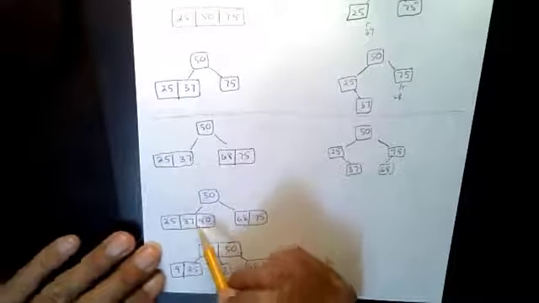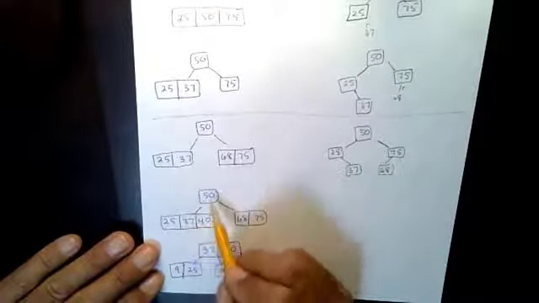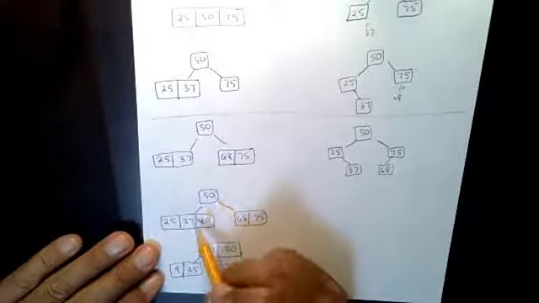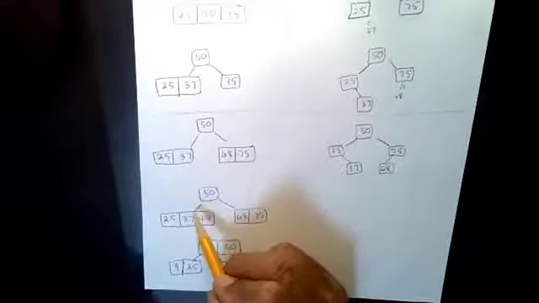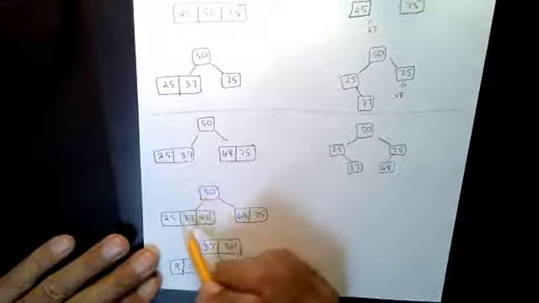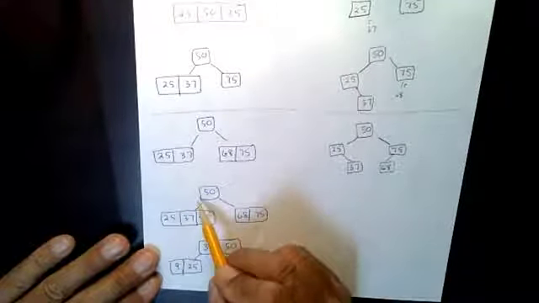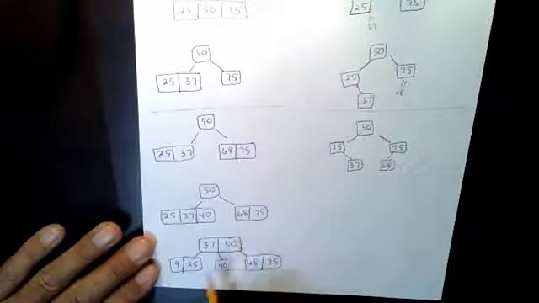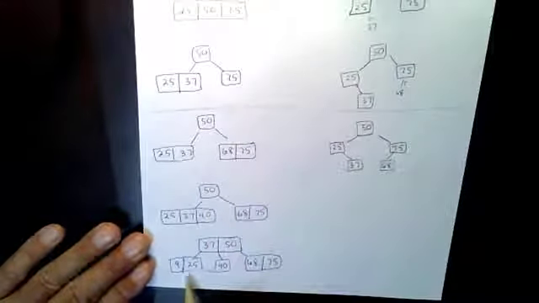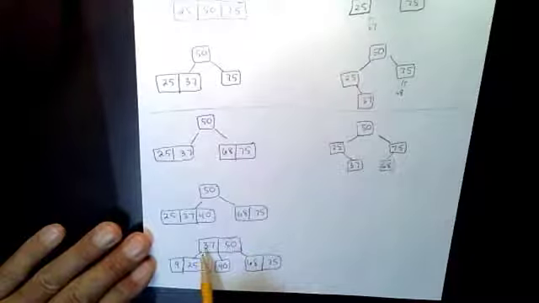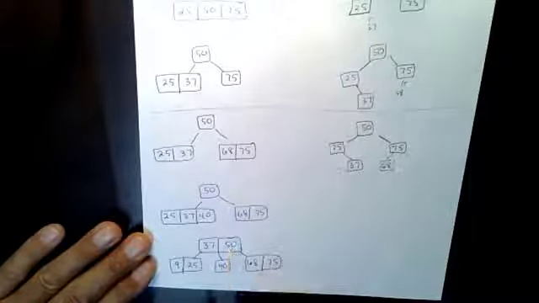So this mess is now full, which I have room at the parent, so I'm going to send it up to the parent. 37's leaving, 9 and 25 stay here, 40 is now that second link. So as you can see, the 9 and 25 stayed together. 37 went up to that root node. 40 stayed to the right of 37. 68 and 75 are to the right of 50.